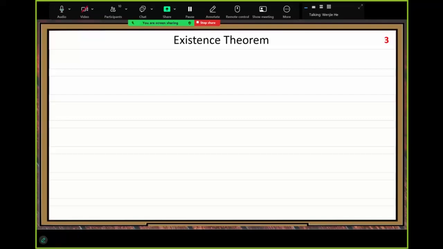For math major students, this important theorem must be proved rigorously. But for engineering students, I just explain the theorem. So I will not prove the theorem. Let me explain the existence theorem.